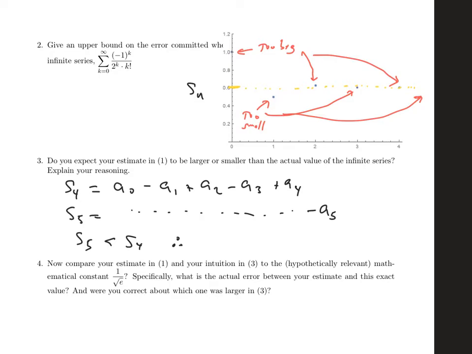And so since these consecutive partial sums have to be alternating too big and too small, I know S4 is too big and S5 is too small. So in other words, I know that the real answer is in between those two. However you want to say that is fine, but that's what I was trying to get at there.